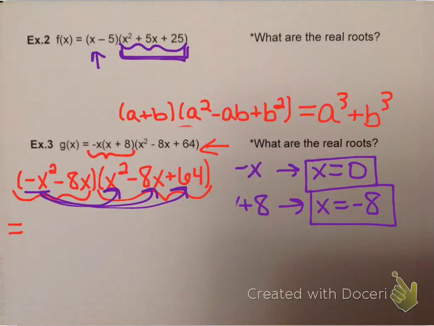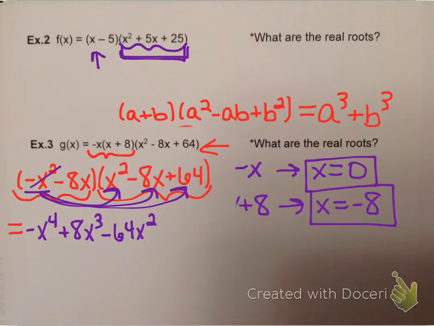So when I distribute it, negative x squared times x squared is negative x to the fourth. Negative x squared times negative 8x is positive 8x cubed. And negative x squared times 64 is negative 64x squared. So I've now multiplied that one through.